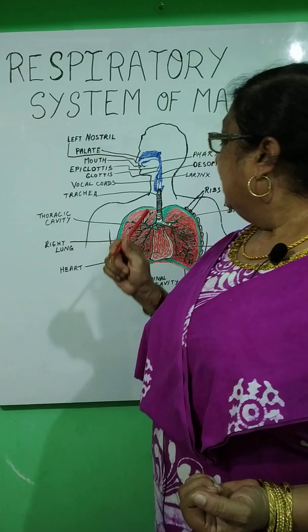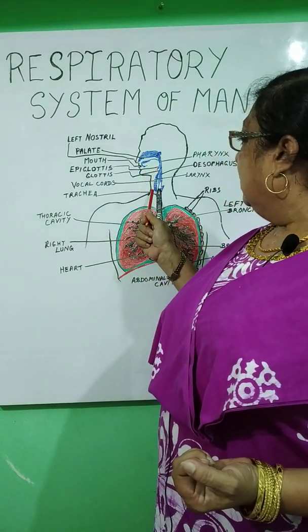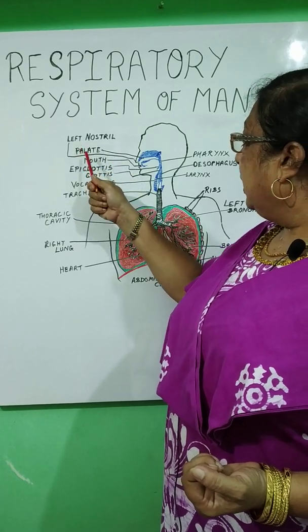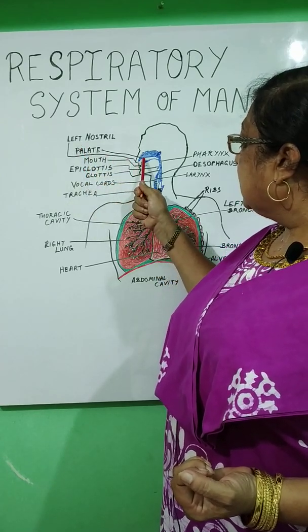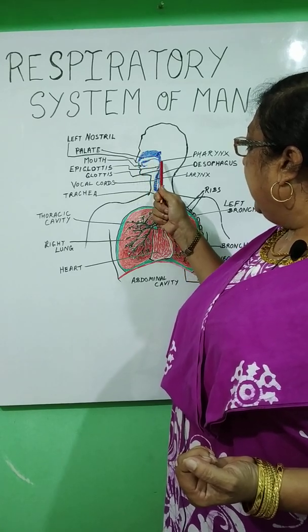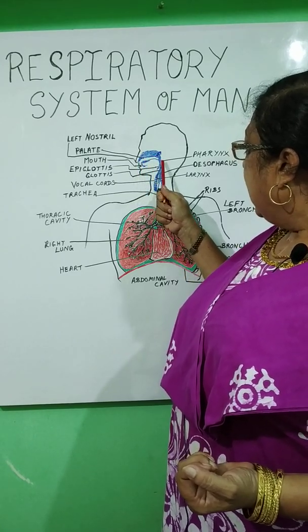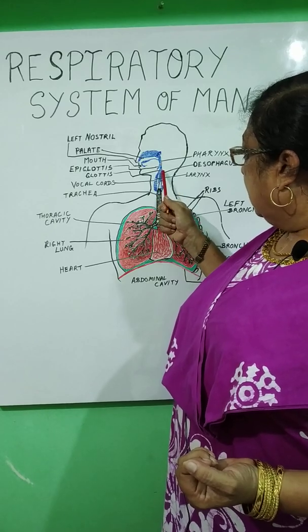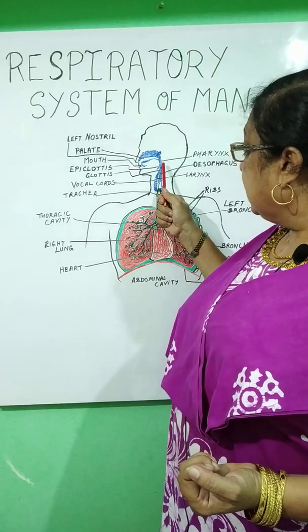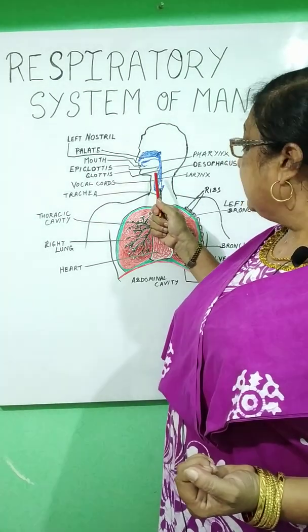Now, you must have understood all this, how the air is going from the nostril here. This is the palate in the mouth, the nostrils here. It is carrying the air into the pharynx, and from the pharynx the esophagus is there, that is the food pipe, and the windpipe is there.